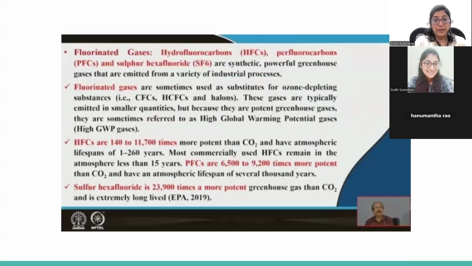Along with that, there are fluorinated gases like hydrofluorocarbons, perfluorocarbons, and sulfur hexafluoride. These are some of the properties related to those fluorinated gases. They are emitted into the atmosphere due to high usage of electronic items.